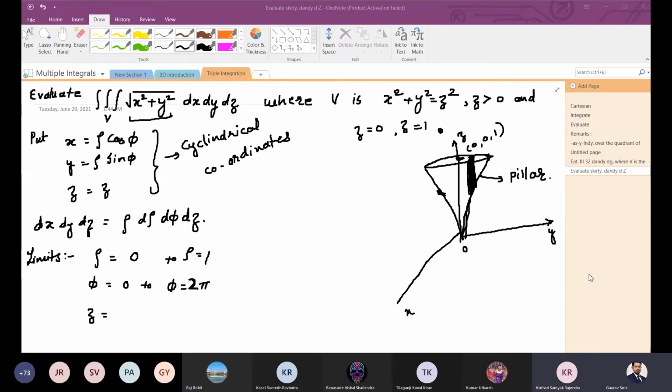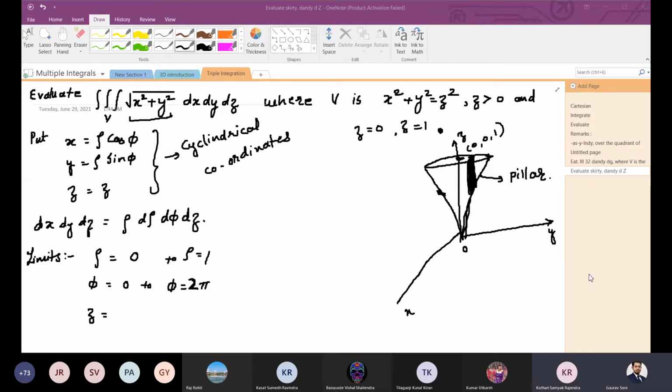From the cone to 1. Yes. Samyak, repeat it. Cone to 1. So what will be the equation? Cone to the line or whatever you're saying, x square plus y square.